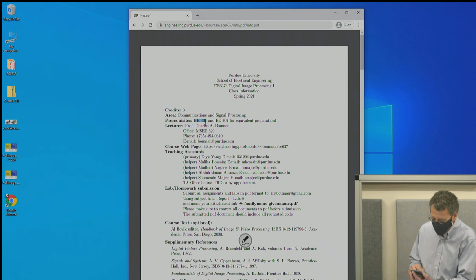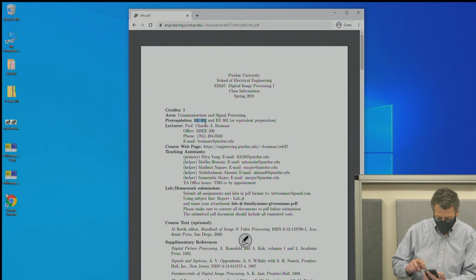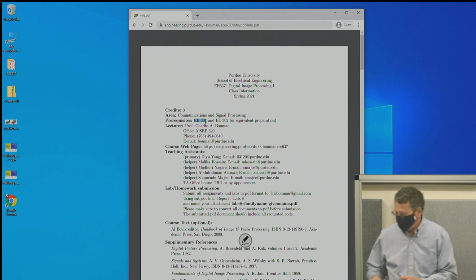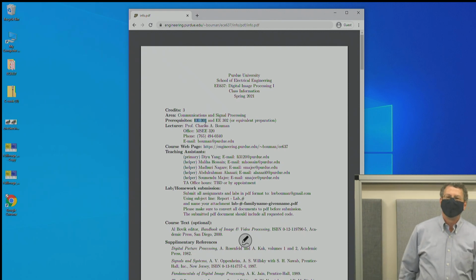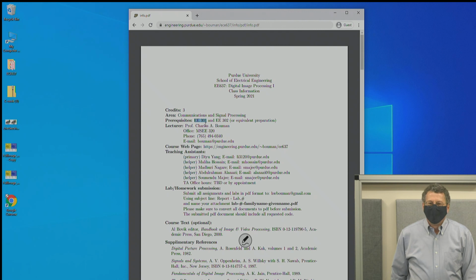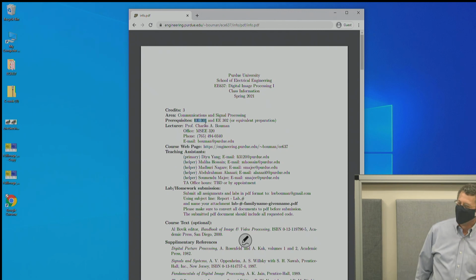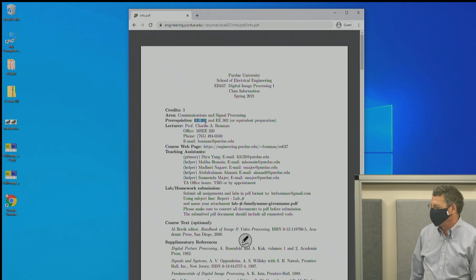I don't even know how to turn the damn ringer off. On the left side of your phone, there should be a little switch. Oh, there it is. It went down, but I had to log in. It wouldn't let me do that until I logged in. Okay, good. I hate cell phones. Sorry about that. I don't want to hurt anybody's feelings, but I don't like cell phones. Okay, anyway.